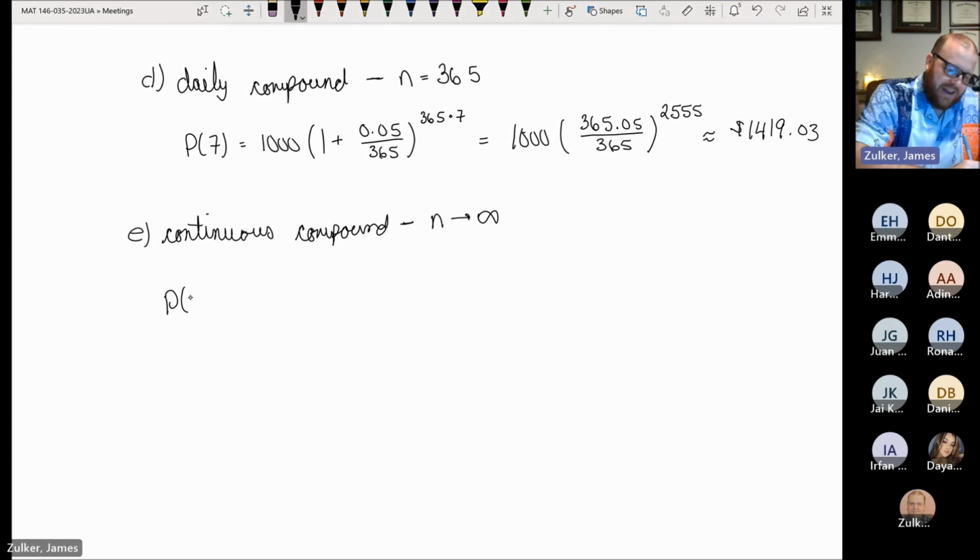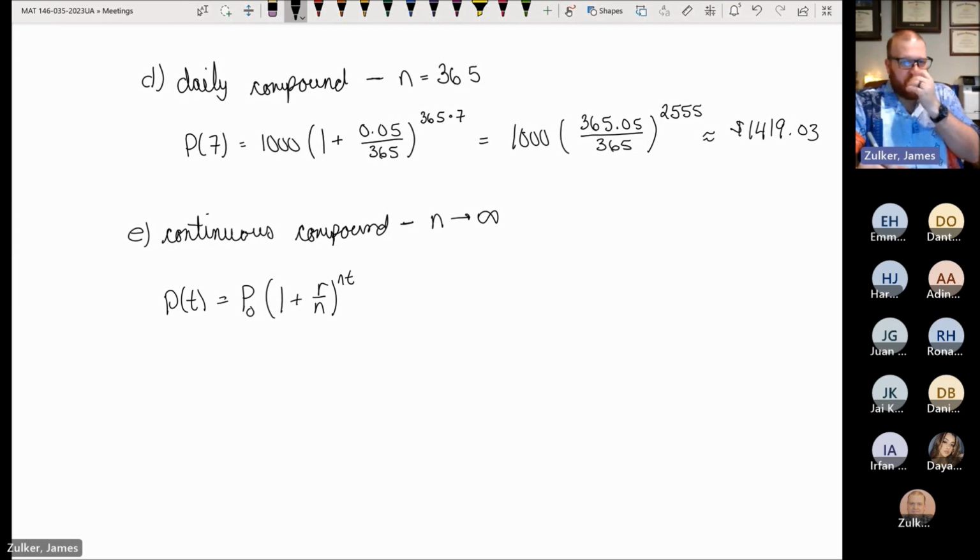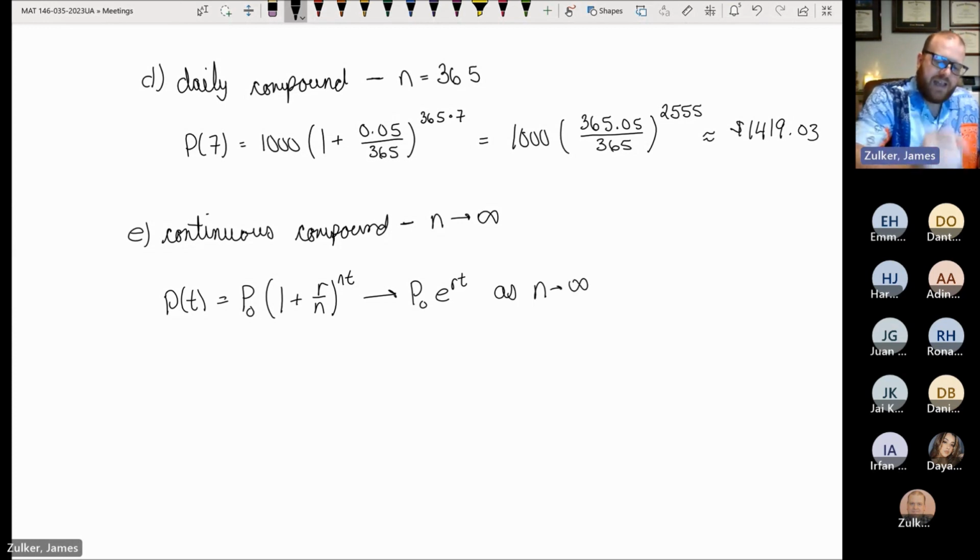So remember, our formula was P of T, which equals P naught times 1 plus R over N, raised to the N times T. This tends to P naught E to the R times T as N increases without bound.